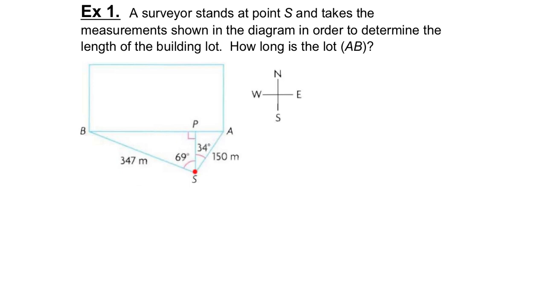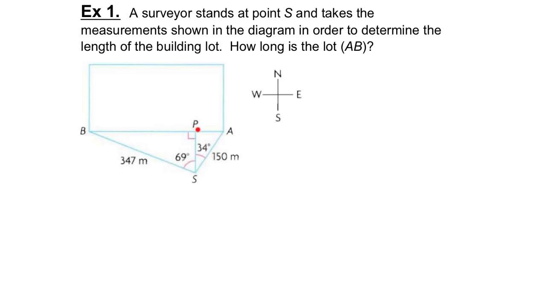The surveyor took these measurements. They measured the distance from where they're standing to this end of the building lot. It was 347 meters. And they took another measurement of the distance from where they're standing to the other end of the building lot, which was 150 meters.